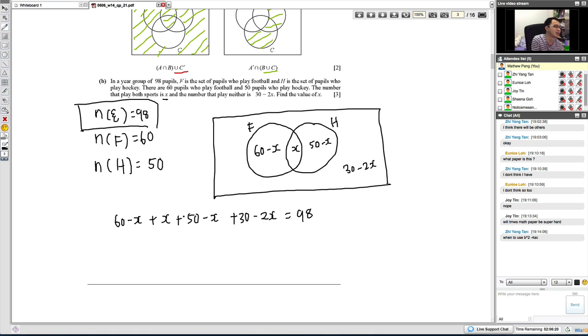The x terms simplify: minus x minus x minus 2x gives minus 3x. Then 60 plus 50 is 110, plus 30 is 140, so 140 minus 3x equals 98. So 42 equals 3x, and x equals 42 divided by 3.